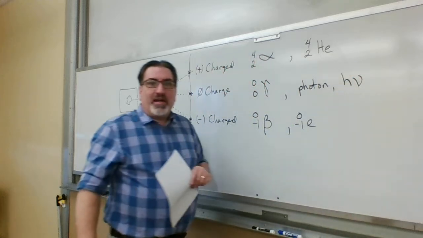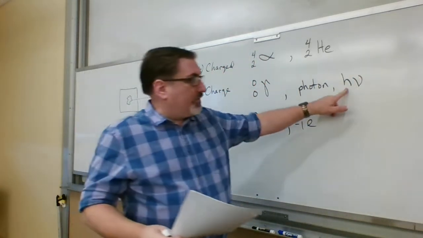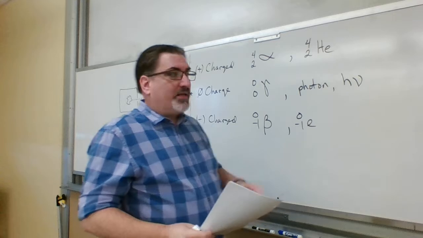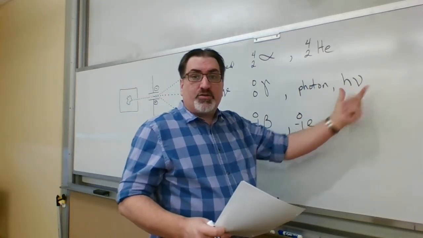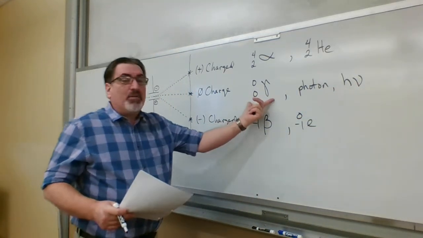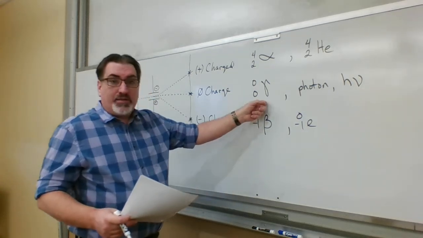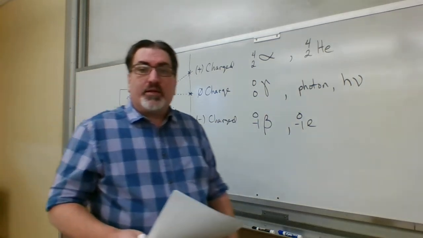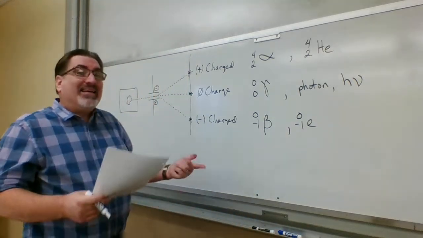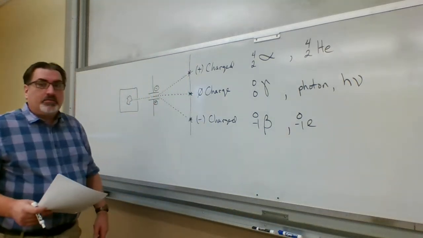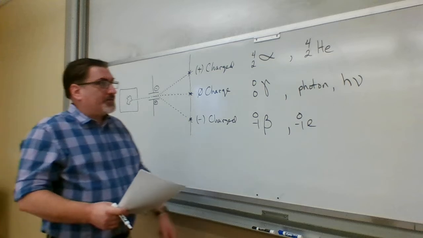And our old abbreviation for a photon of light was h nu. H was Planck's constant, nu is the frequency. That's the formula for the energy. It's just a transfer of energy. So gamma rays, not particles, alpha particles, beta particles, gamma rays. Gamma rays are nothing more than light being given off by a highly excited isotope nucleus.